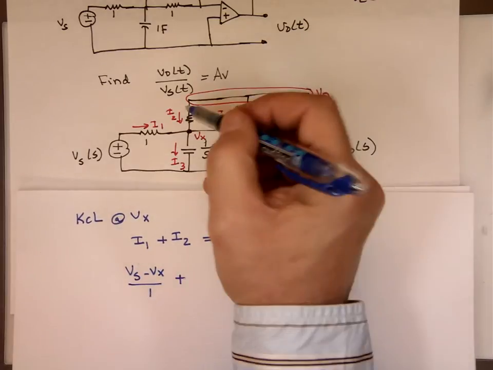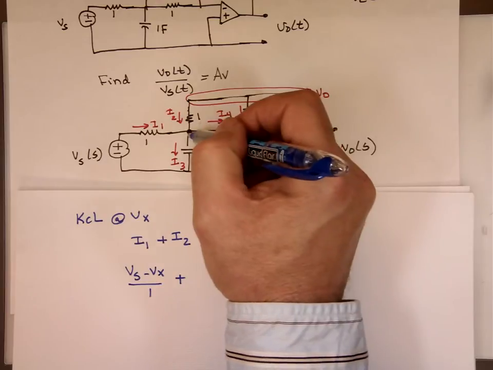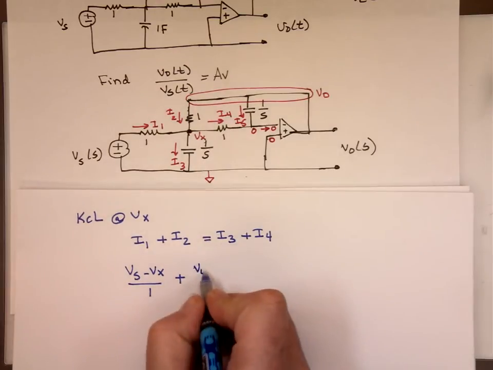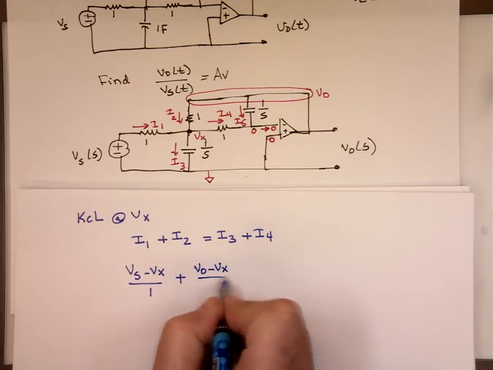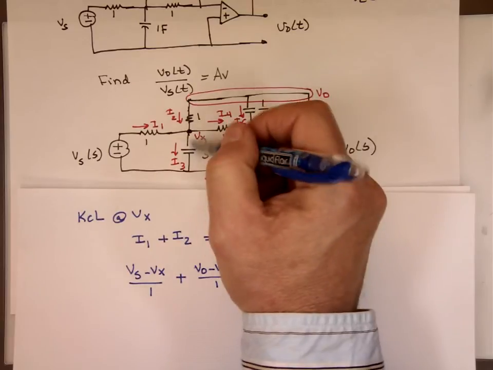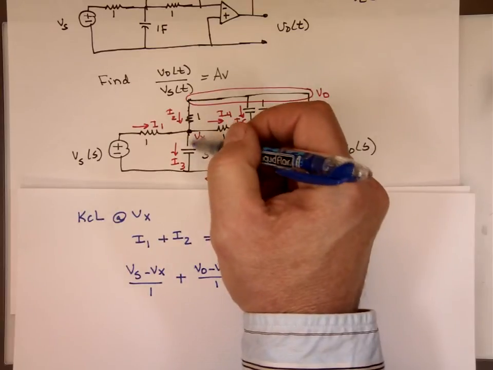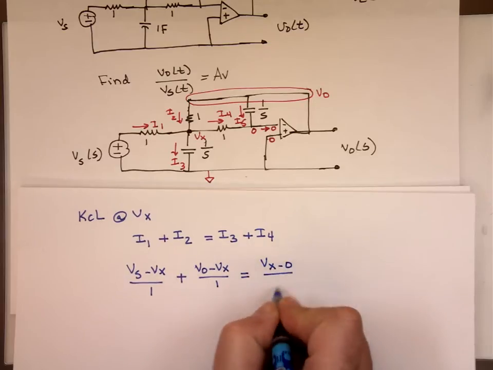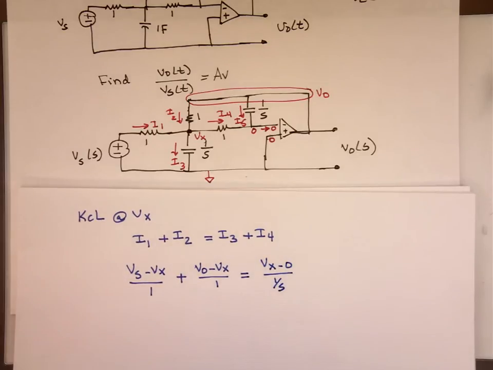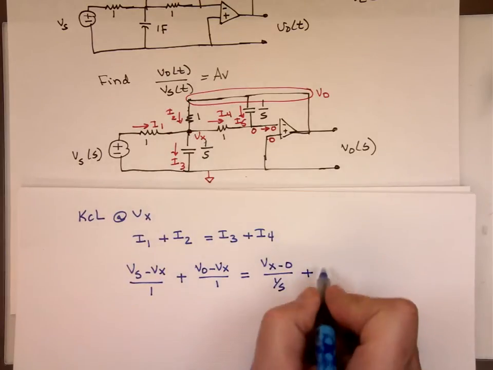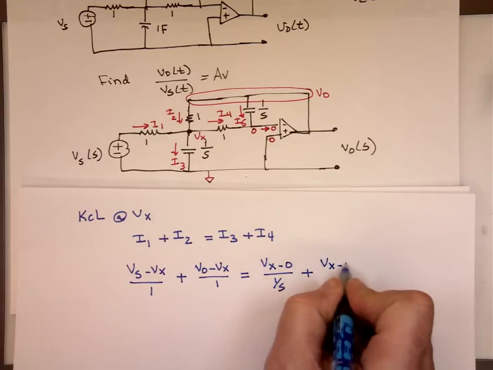I sub 2 is this voltage minus that, so V out minus Vx over 1, equals, I sub 3 is this one, Vx minus 0 over 1 over S, plus Vx minus 0 over 1.